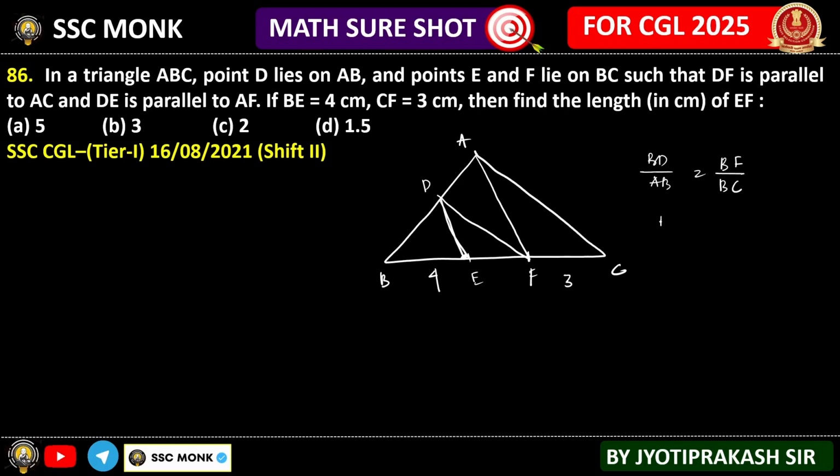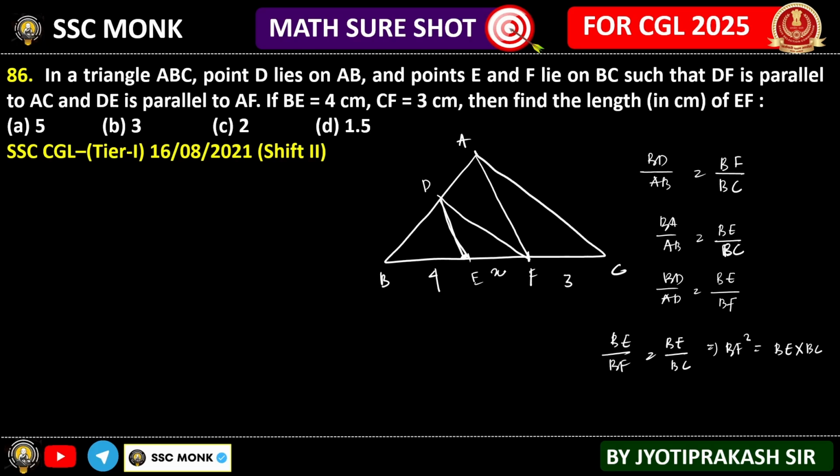In the second case, BD by AB is equal to BE by BF. So I can write BE by BF as BF by BC. Clear? So if I cross multiply, BF square is equal to BE into BC.